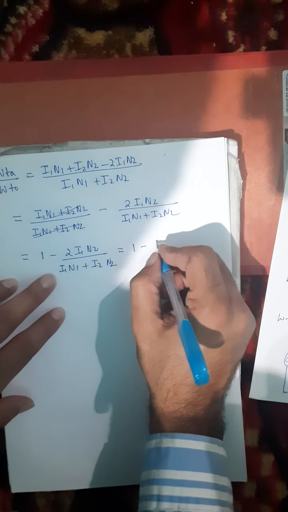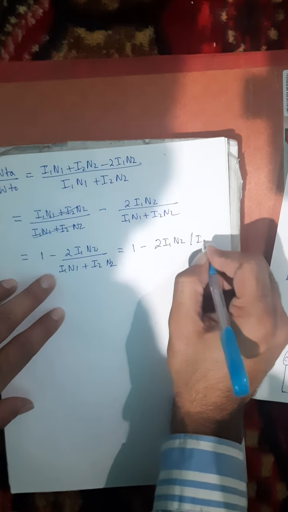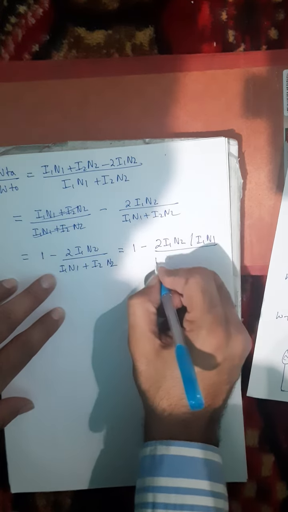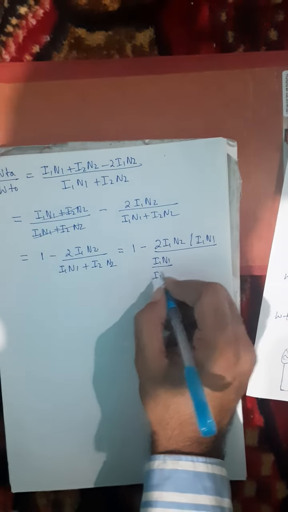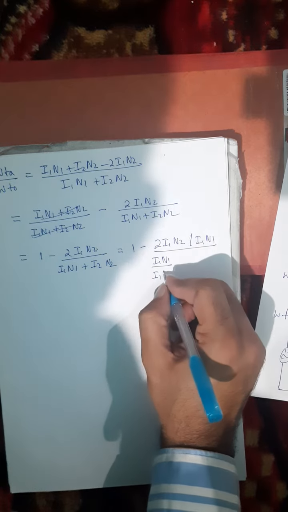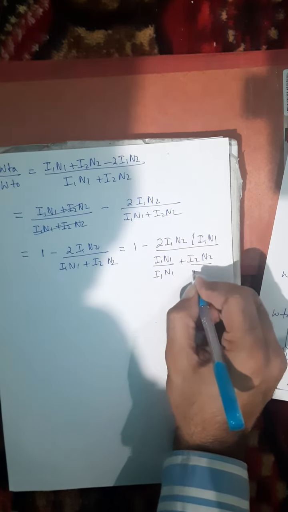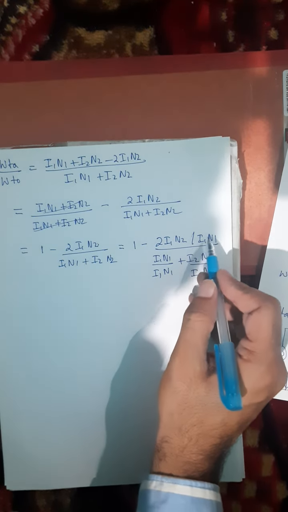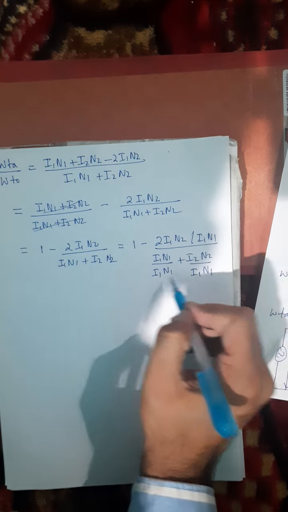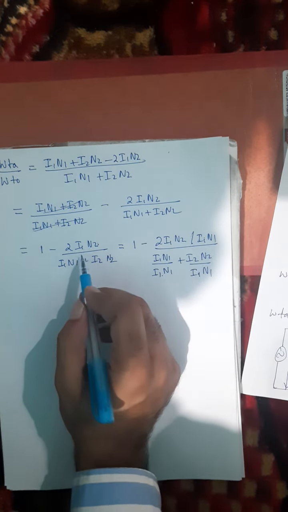So the first term will be 1, and on this term, twice I1 N2 divided by I1 N1, divided by I1 N1 plus I2 N2 divided by I1 N1. What I am doing is dividing numerator and denominator by I1 N1, so it will give me the same expression.